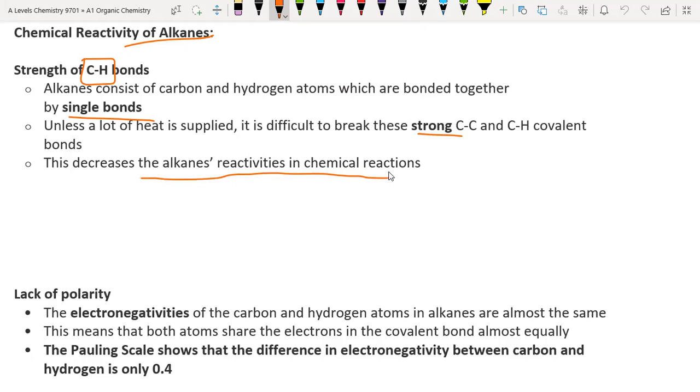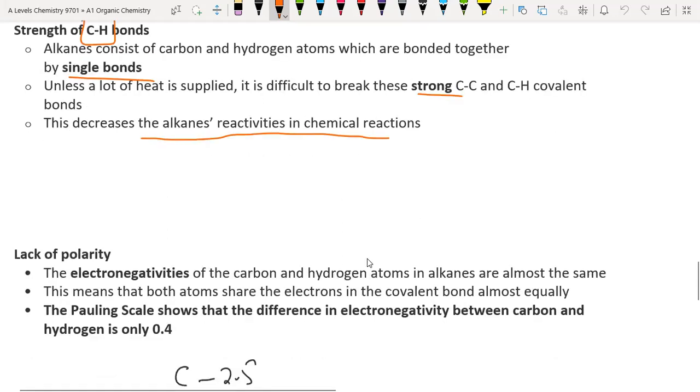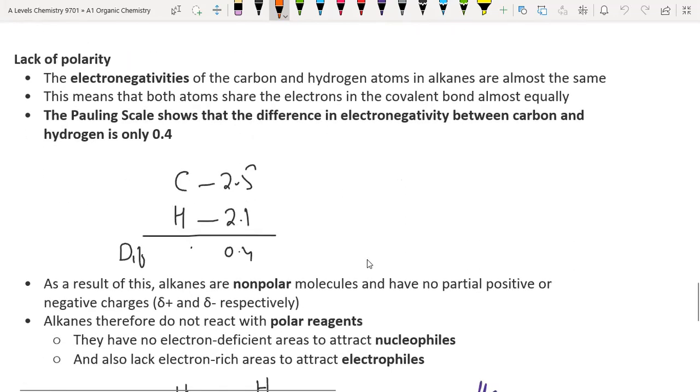The second reason is lack of polarity. Both carbon and hydrogen have almost comparable electronegativity, that is 2.5 and 2.1, so their difference is only 0.4. As a result, alkanes are non-polar molecules and have no partial positive or partial negative charge.